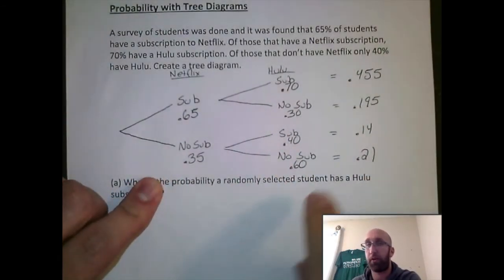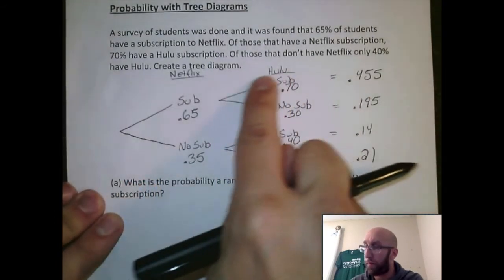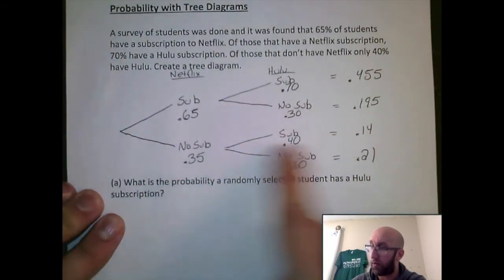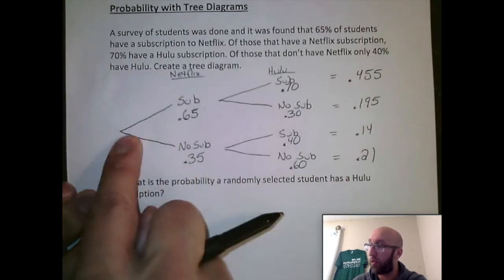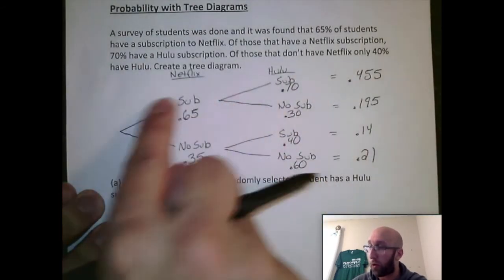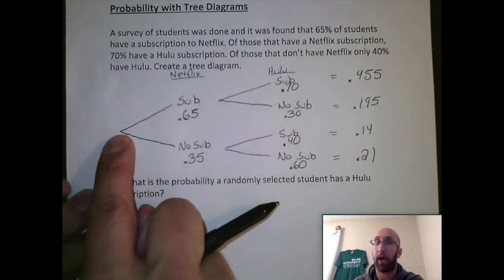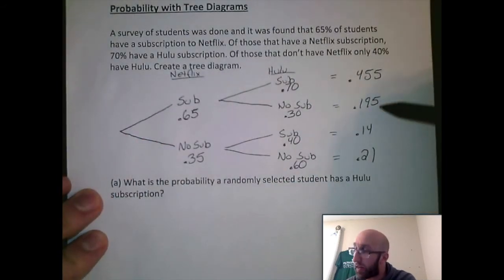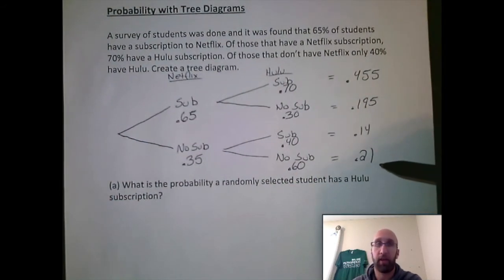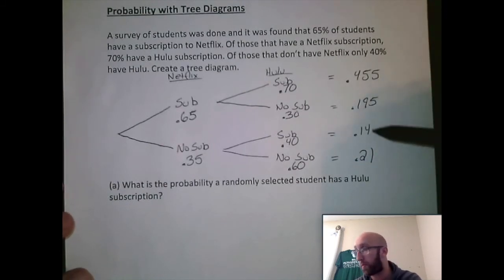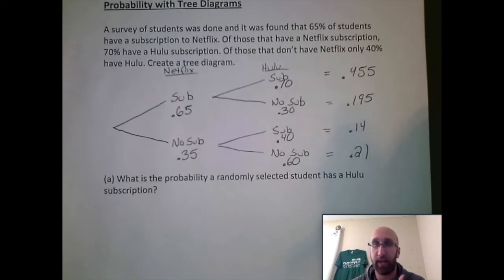These numbers account for the full length of these branches. Really, these four numbers are all connected back to the beginning. If you take these four numbers and add them up, guess what? You get 1. When you multiply the full length of the branches, that adds up to 1.